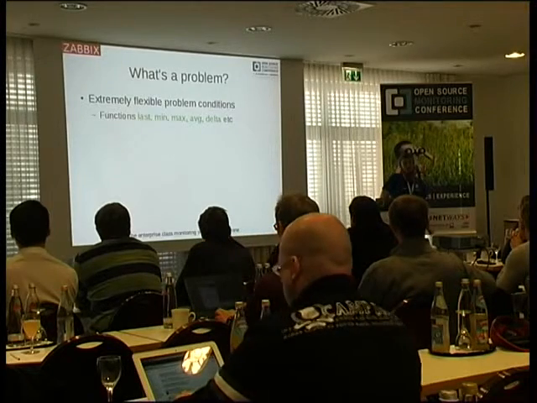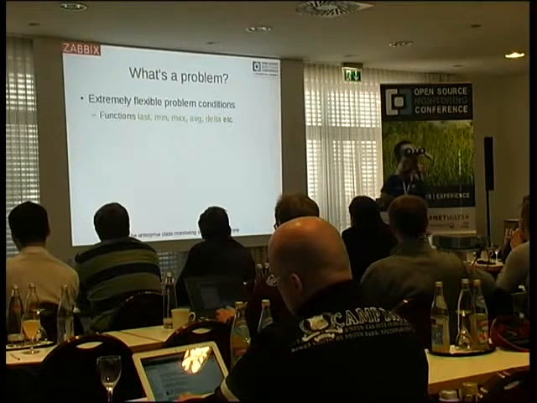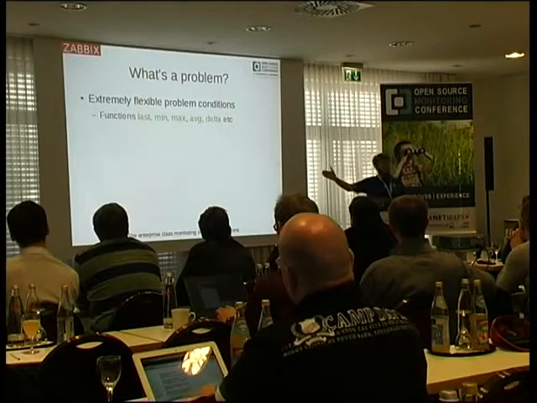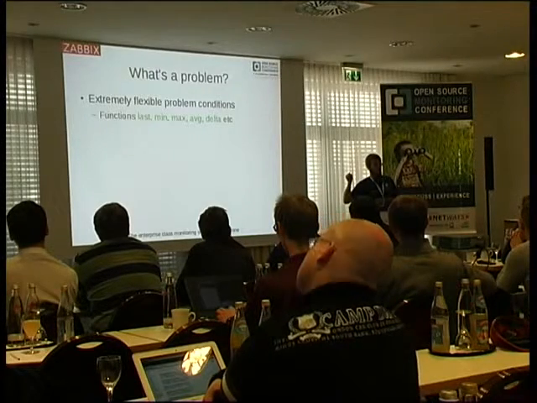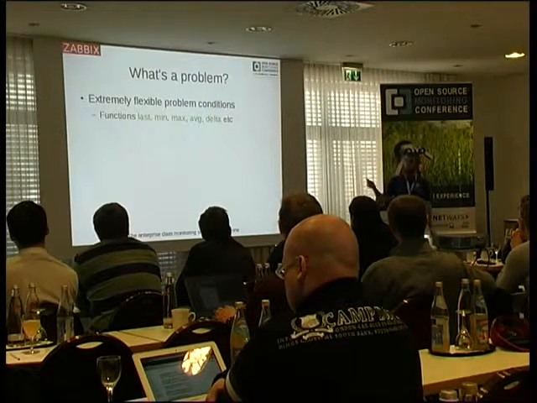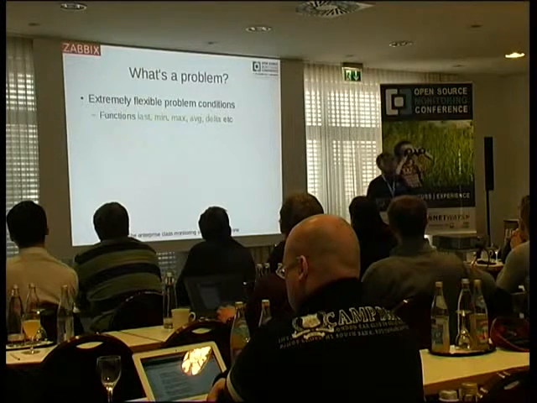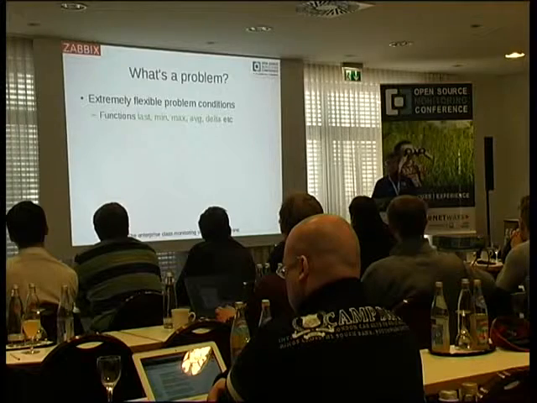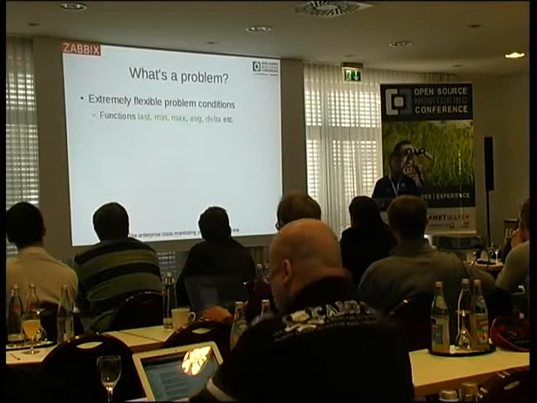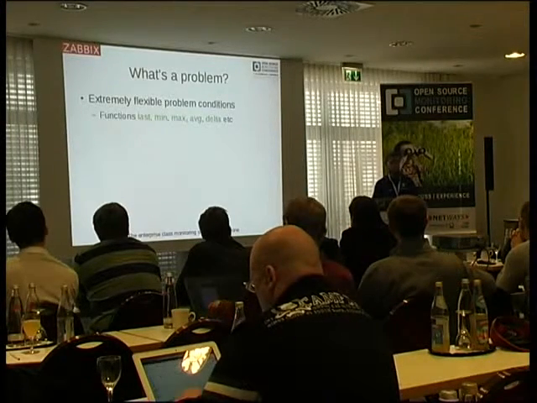This is extremely powerful. You can start with very simple things, like you can check whether the last value is above or below a specific threshold. Most people who are using Zabbix, they use something more advanced. A very common approach is, for example, to avoid flapping. We are not checking only the last value, we are checking the minimum, maximum, or average over some time period.